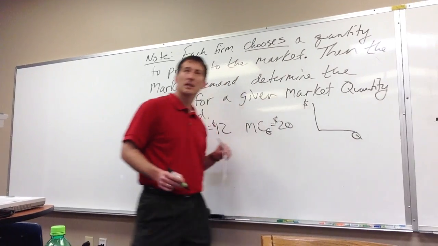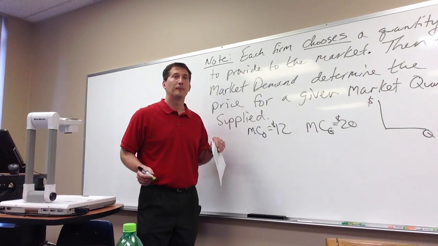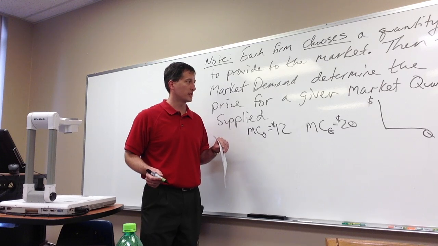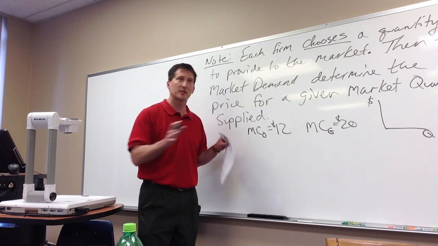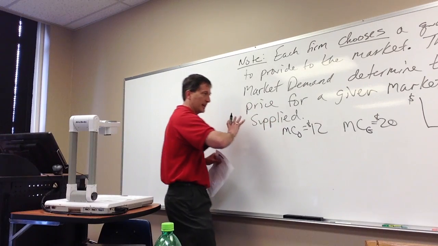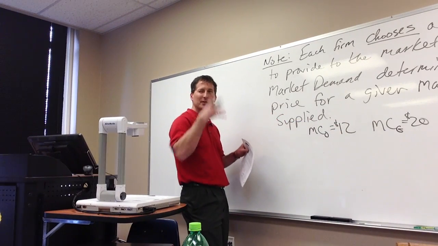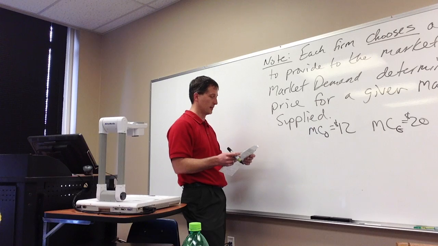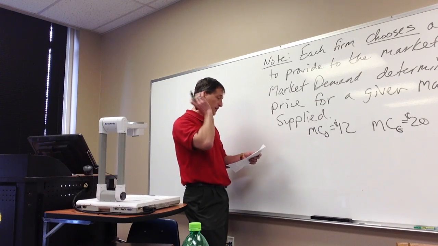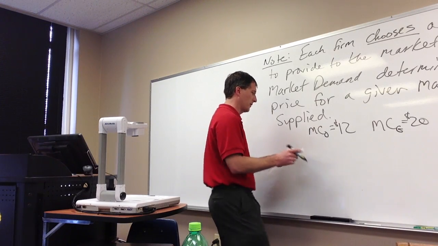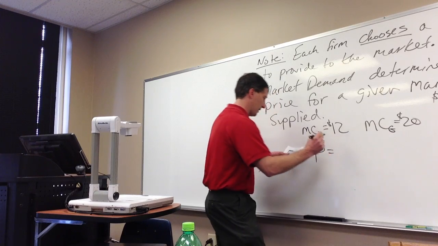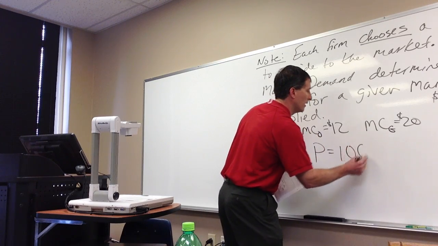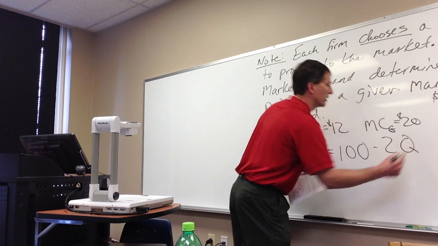Lines. Vertical or horizontal? Horizontal. Okay, so just kind of keep those basics as you put down equations like that, start to envision what that's going to look like graphically. And then the demand curve is what? P equals 100 minus 2Q.